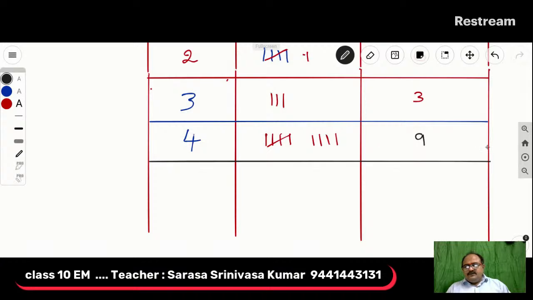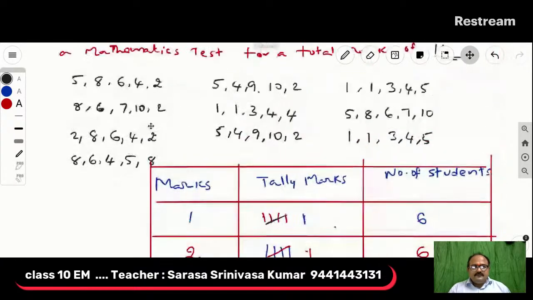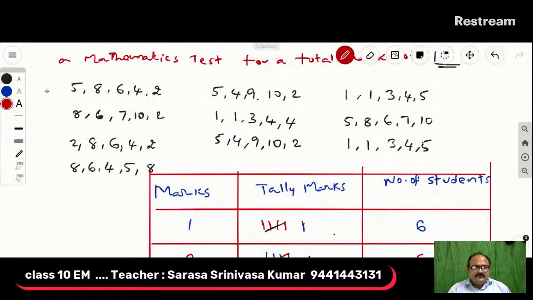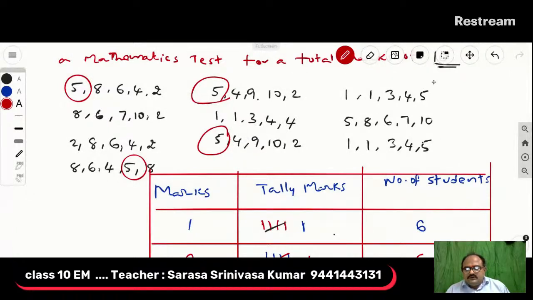Now we prepare tally marks for 5 marks. How many students got 5 marks? Let us say here, first student, next second student, this is third student, fourth, 5, 6, 7.